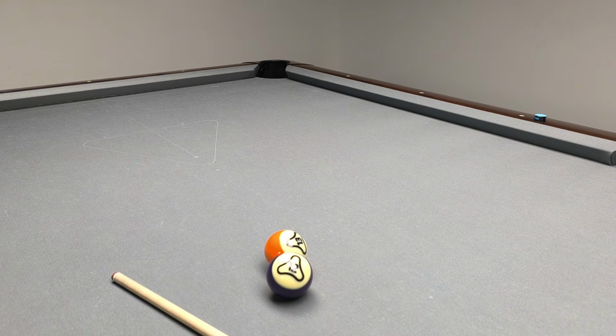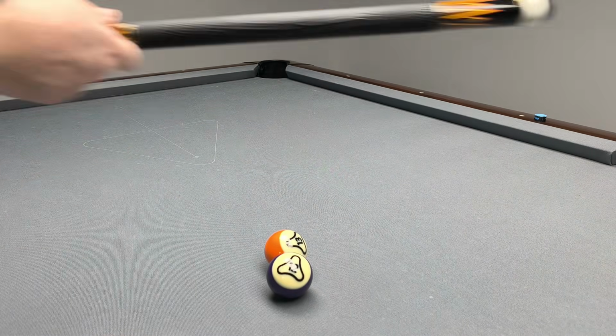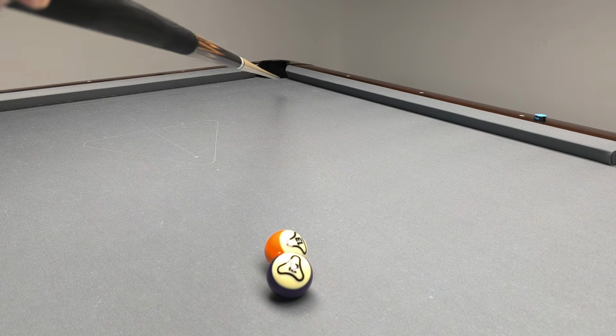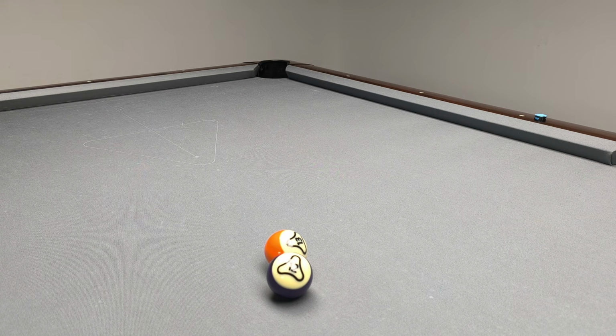So to demonstrate this effect, I will show you an example. The 12 ball and the 13 ball are both frozen to each other and dead straight to the corner pocket. Okay, so what I will now do, I will not shoot straight on the 12 ball.